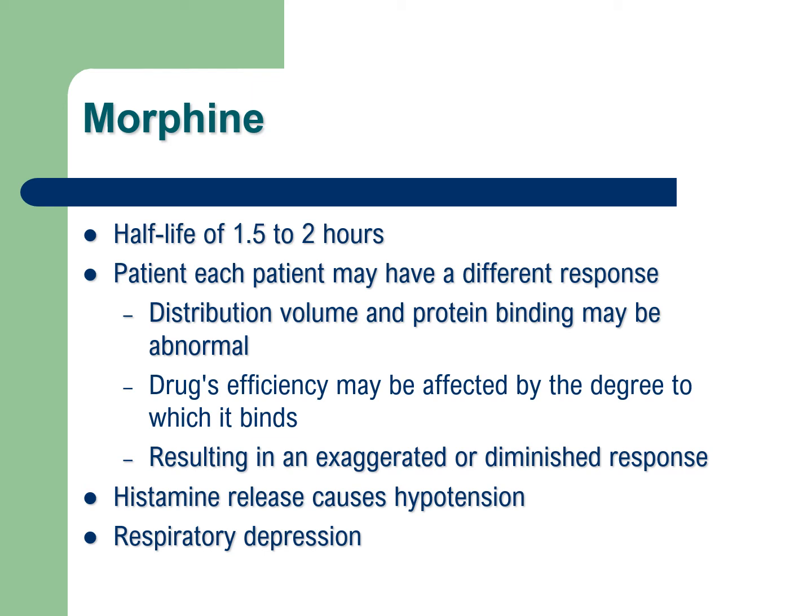Another concern is histamine release. When histamine is released in the body, it creates a vasodilating effect, which causes hypotension. Another concern is respiratory depression. Too much morphine will suppress the respiratory cycle and make the patient apneic. So you really need to be careful about these things.